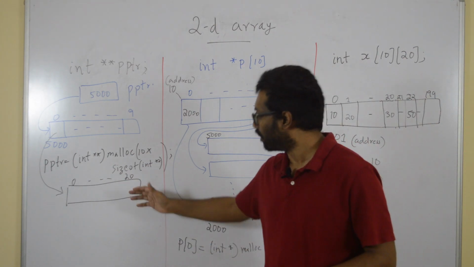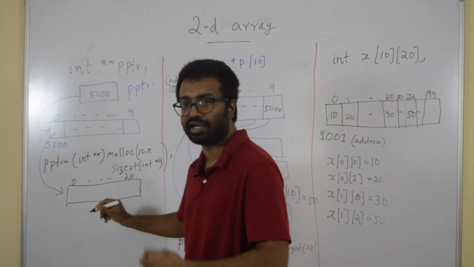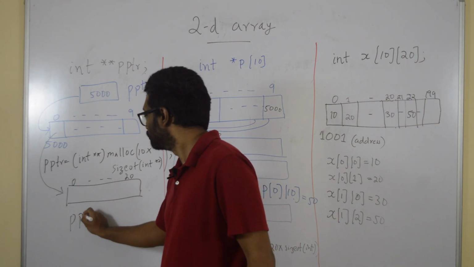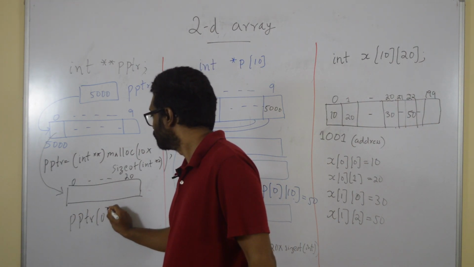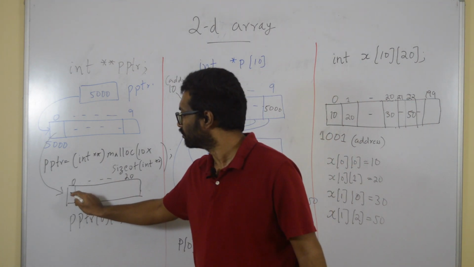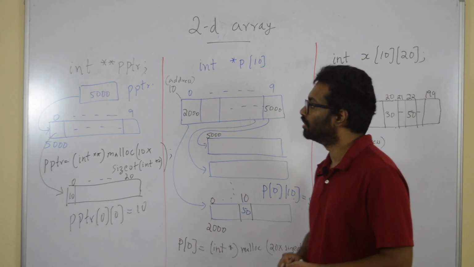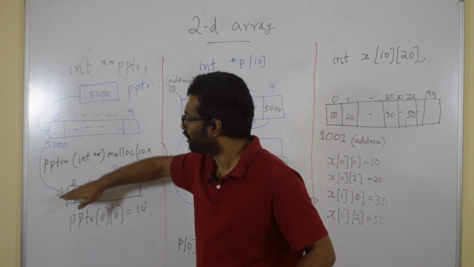Okay, so we can use the same notation here, and like this we can now write pptr[0][0] to mean this location. Okay, so this is the 0th and then 0 of that.